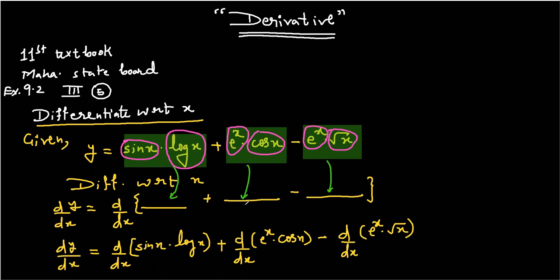Then you will apply the product rule. You have sine of x multiplied to log of x, so this is u and this is v. So we have d by dx of u into v. Product rule: d by dx of the product of two functions is u d by dx of v plus v d by dx of u.